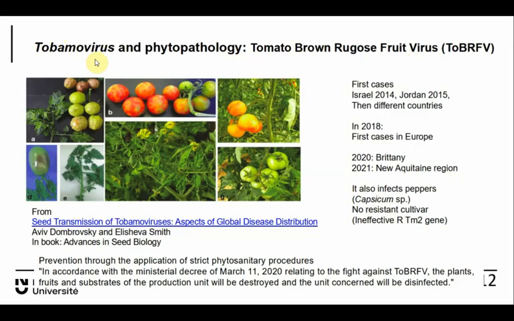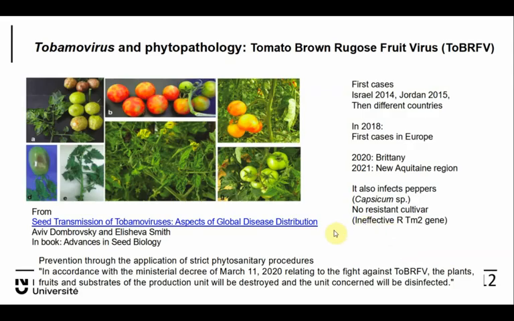Similar structure, exactly the same kind of genome and replication cycle, was unknown until about 10 years ago, spread around the Mediterranean, and we now still have it ever since 2020. Infects tomato plants and peppers, and there doesn't seem to be any resistant cultivar.